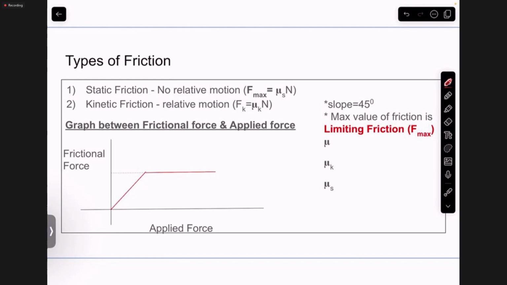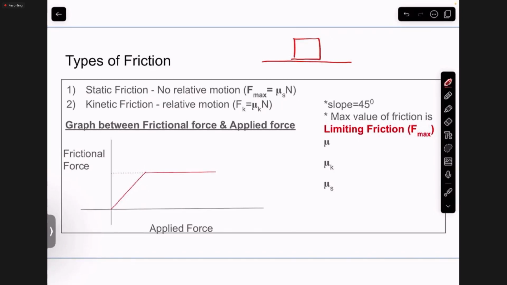When there is no relative motion, or if an object is at rest, that is when static friction is happening. For example, you are keeping a block over a surface.